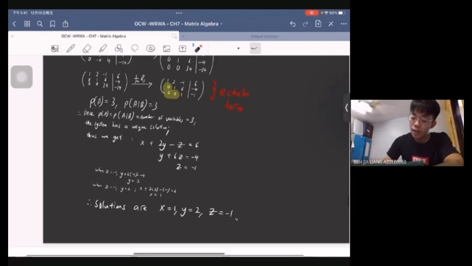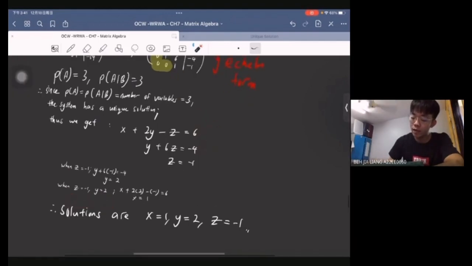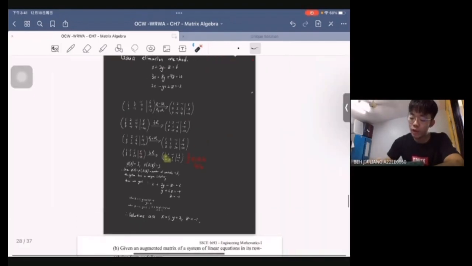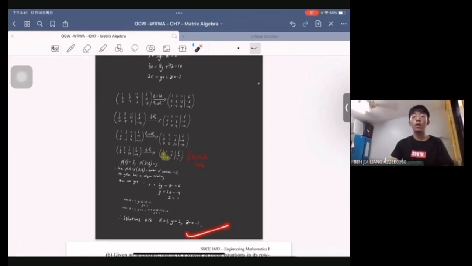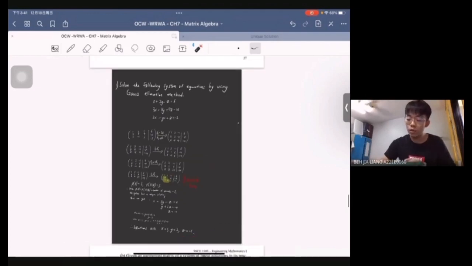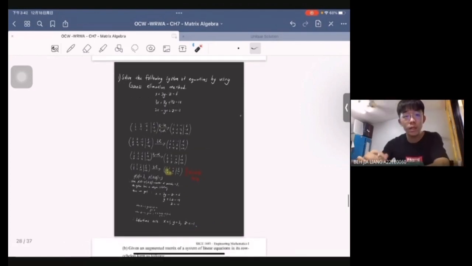So when z equal to -1, we just substitute back the value here. And after we get the value of y and z, we substitute back into this equation, we will get x. So the solution we get is x equal to 1, y equal to 2, and z equal to -1. This is the unique solution for this linear system.